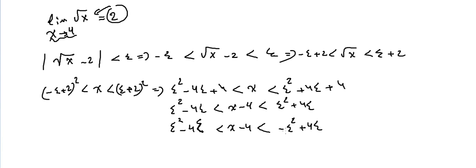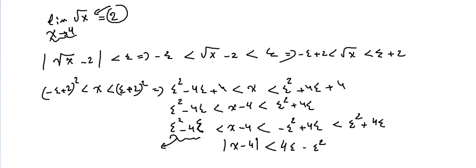For epsilon, minus epsilon squared is more than epsilon squared minus 4 epsilon, which is less than epsilon squared plus 4 epsilon. So the absolute value of x minus 4 is less than 4 epsilon minus epsilon squared, because we can say this value is minus times 4 epsilon plus epsilon minus epsilon squared.